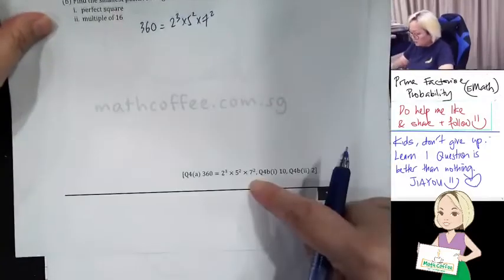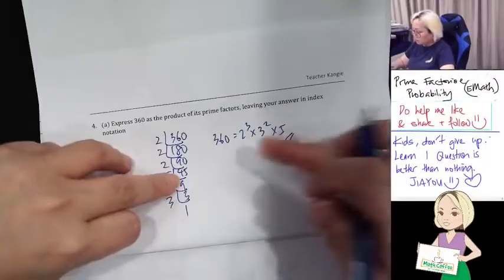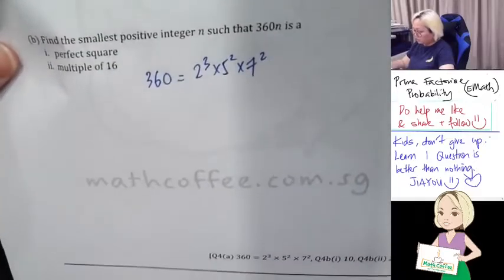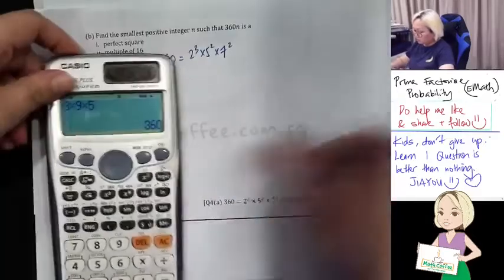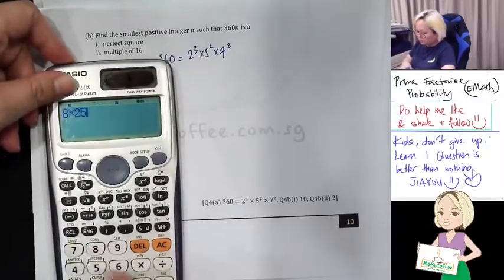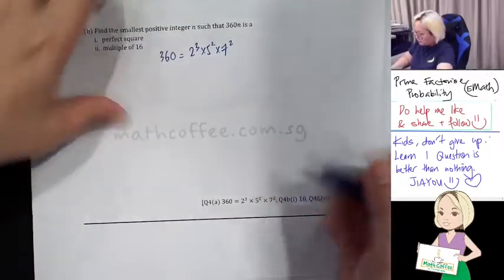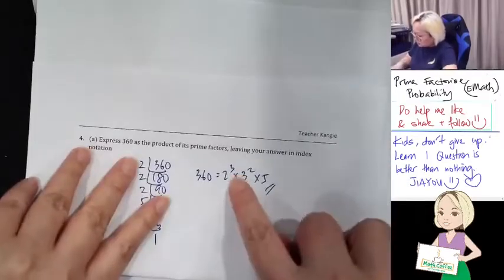No, this one is wrong. This is not correct. Wait. 2 to the power of 3.